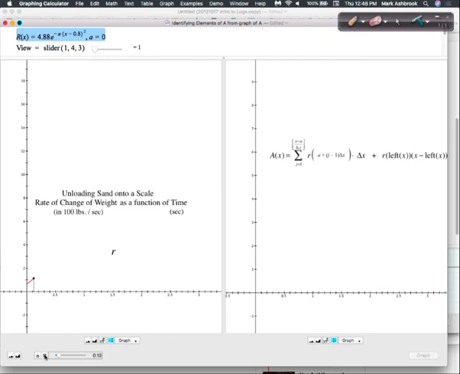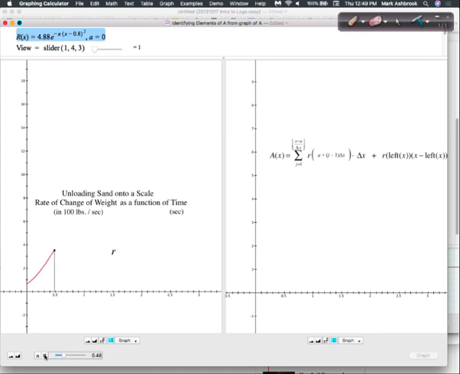So we want all the accumulated weight of sand, right? So in any given second, we want to know how much weight is accumulated on the scale, right? You see the difference between the first thing you said? It's kind of like you wanted a function of dy's. But we want to accumulate, meaning at any given number of seconds, we want to know the accumulation of all the sand so far, right?